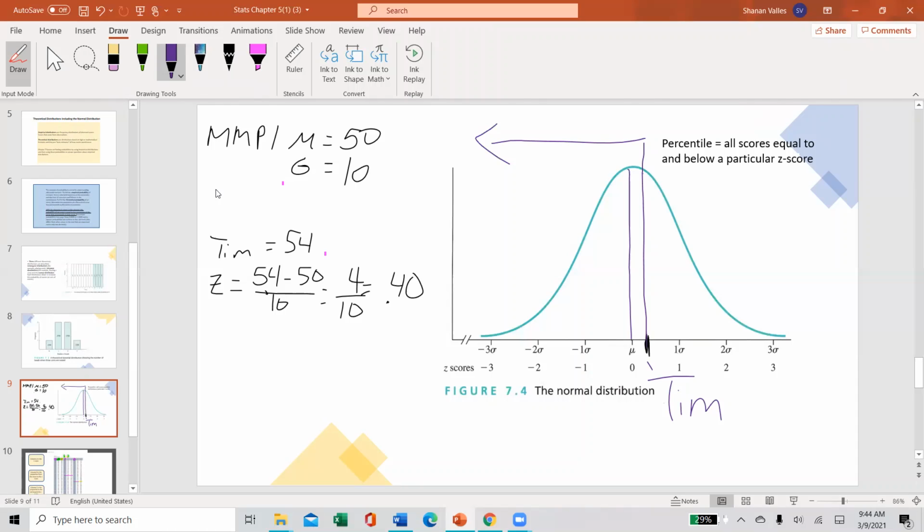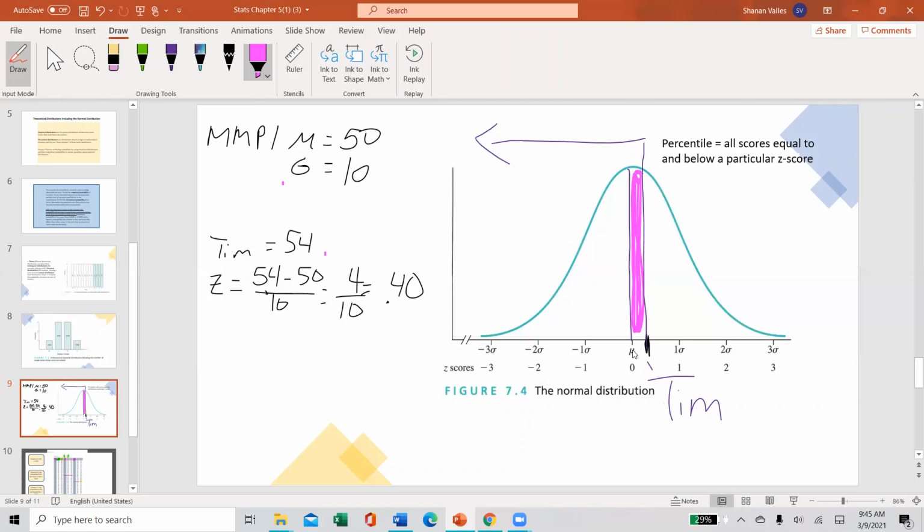And how we figure this out is we need to find this proportion in here. How do we find this proportion in here? Does anyone have a guess? Add a z-score to the mean.